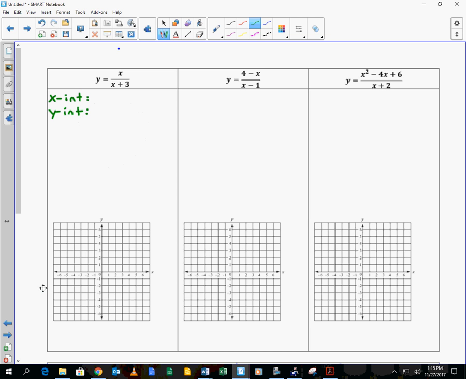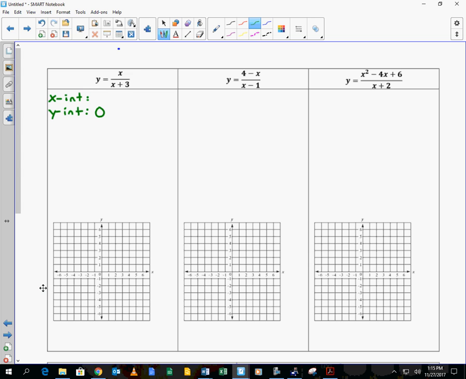Who can tell me, how do I find the y-intercept? The y-intercept happens when x is 0. So if you plug in 0 for x, what do you get? 0 over 3, which is 0. Everybody okay that if you plug in 0 for x, you have an output of 0?